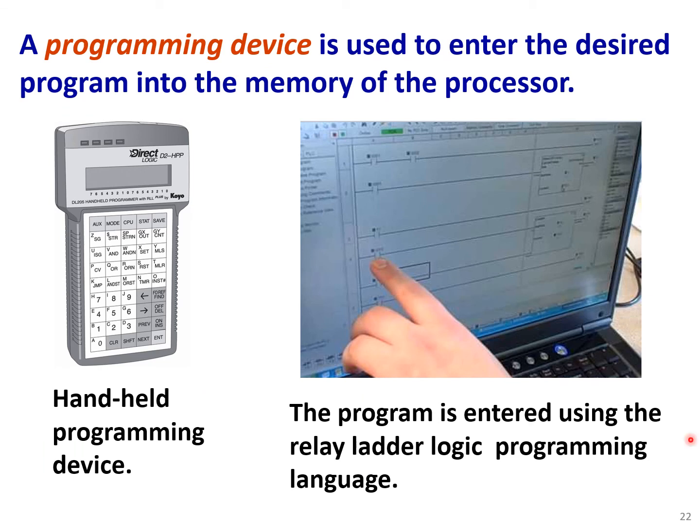A programming device is used to enter the desired program into the memory of the processor. We could have two types of programming device. One is called a handheld programming device. These are portable programming devices. And for the other one, the program is entered using the relay ladder logic programming language, in this case by a PC or laptop.